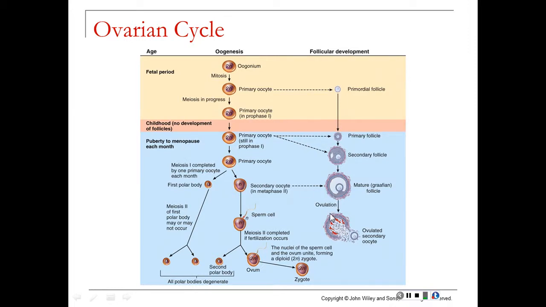Once ovulation occurs, if the sperm fertilizes the secondary oocyte, meiosis 2 is completed. So meiosis 2 is not completed unless the sperm fertilizes the egg, in which case you get another polar body forming, and then your final diploid zygote is formed after ovulation.